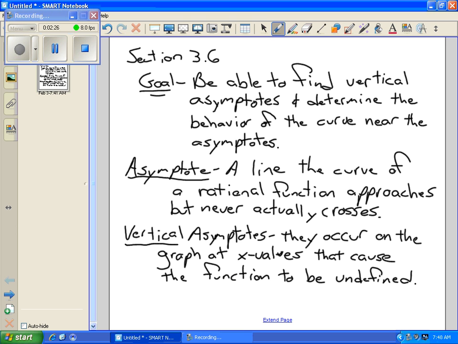So vertical asymptotes occur on the graph at x values that cause the function to be undefined.